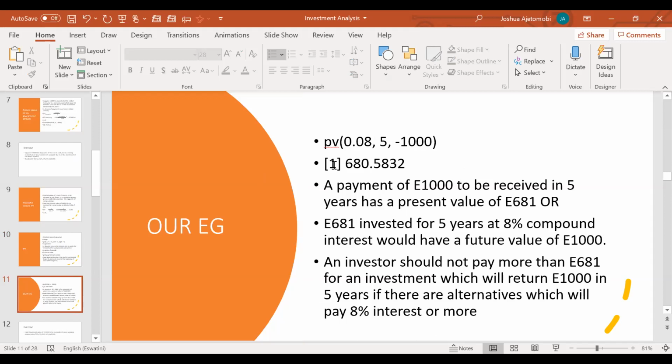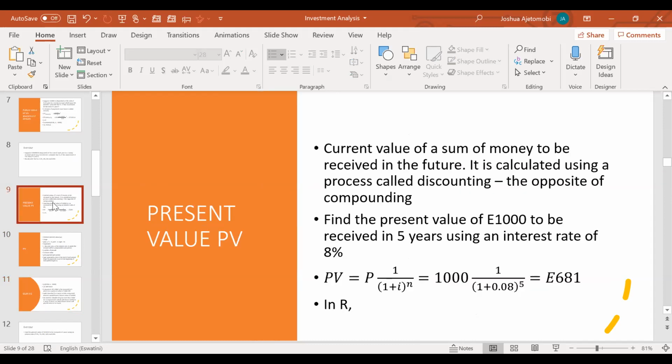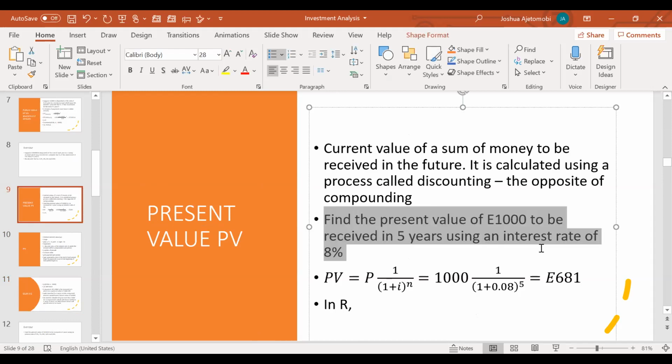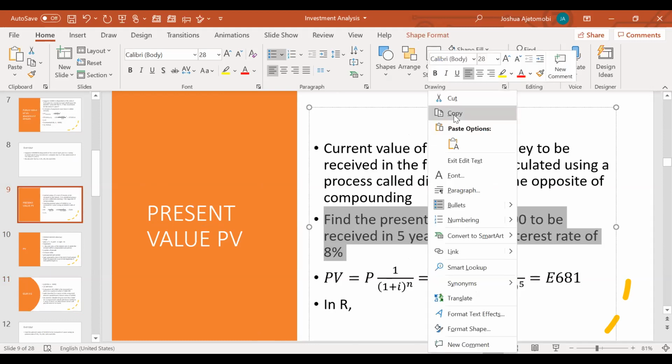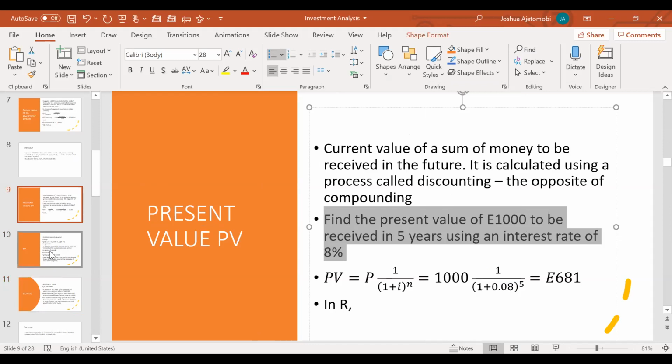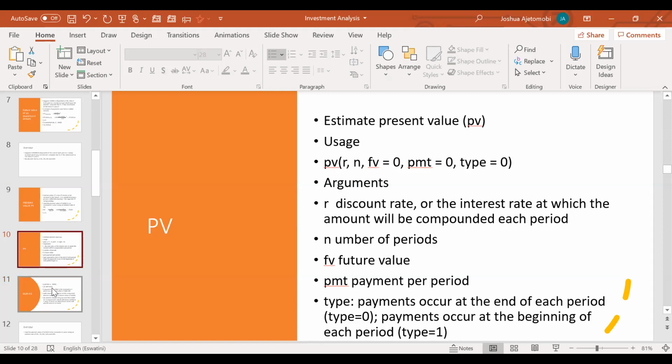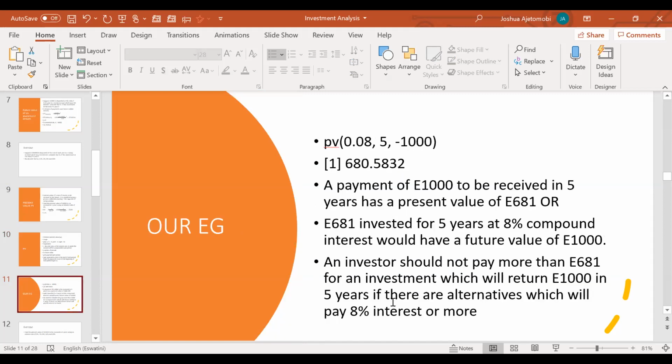So this is the procedure, and I want us to try it. Let's go back to the question: find the present value of 1,000 to be received in 5 years using an interest rate of 8%. Let me show you how to do it so that you are doing the correct thing.